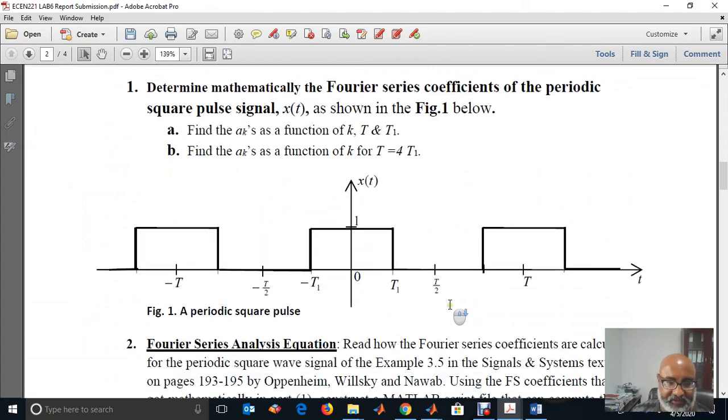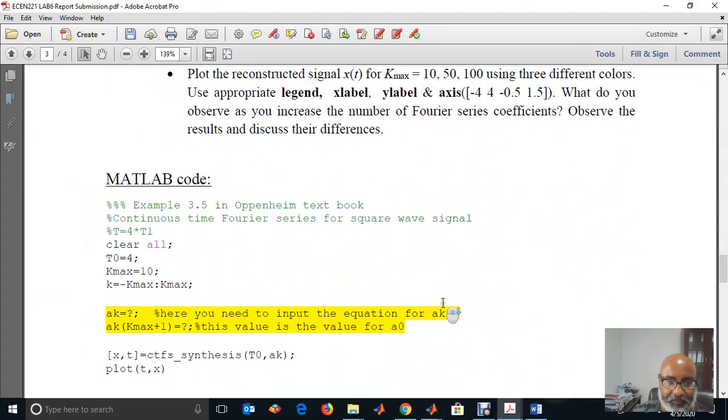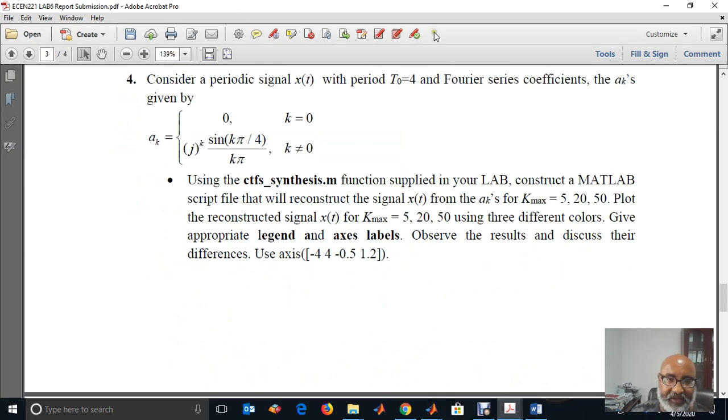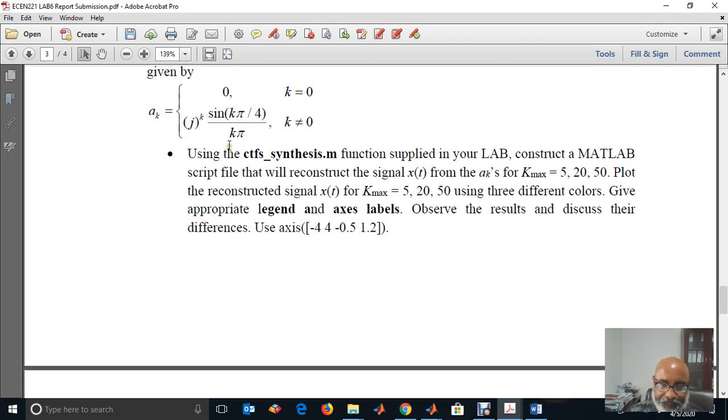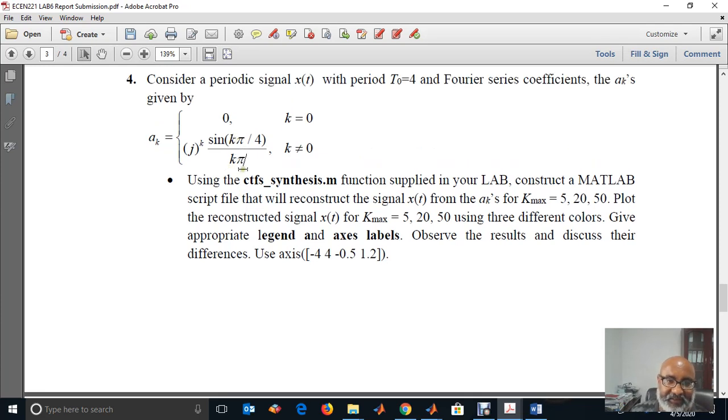Okay, so that is the third part. In the fourth part, I have another signal for which I defined the a_k. a_k is equal to 0 for k equal to 0, for example, and for the other case, defined by this. So you need to make another script file, but you use the same function for reconstruction, the CTFS synthesis function.